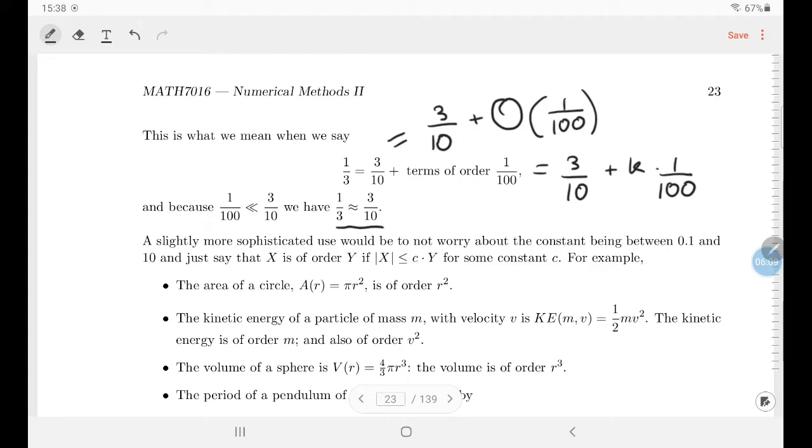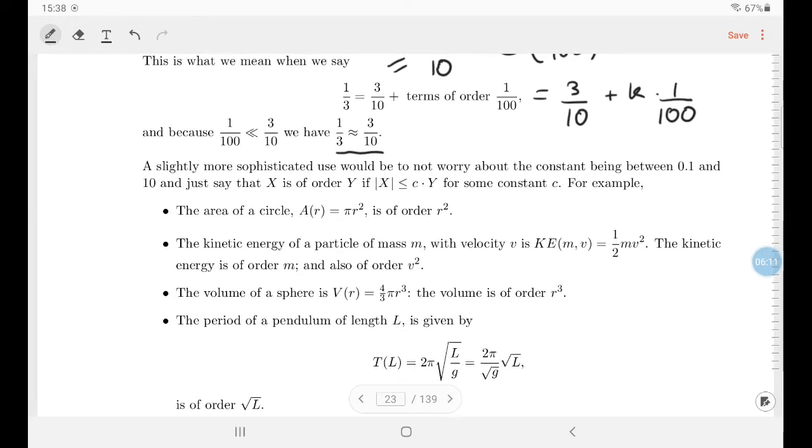1/100. Yeah. A slightly more sophisticated use would be not to worry about the constant being between 0.1 and 10, and just say that x is of order y if x is less than a multiple of y. So for example, the area of a circle is of order r squared. So we say that the area of a circle is of order r squared.